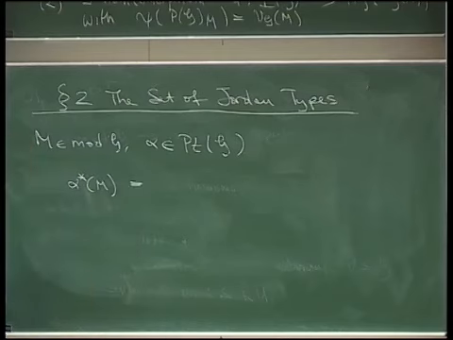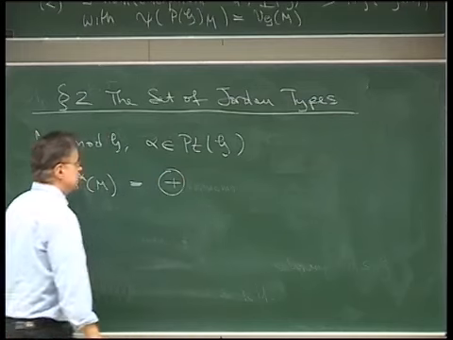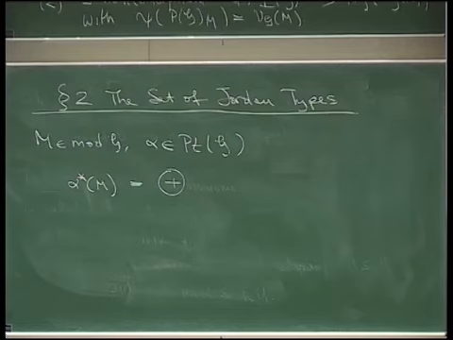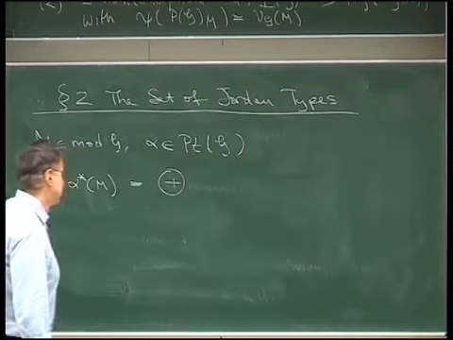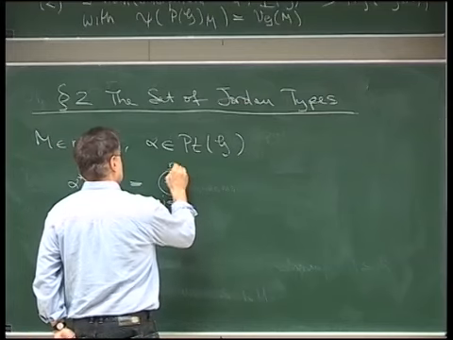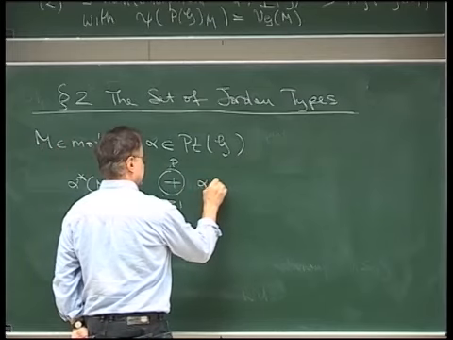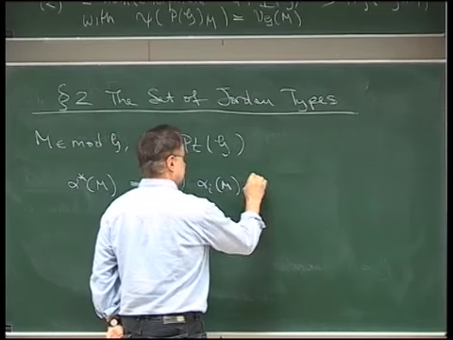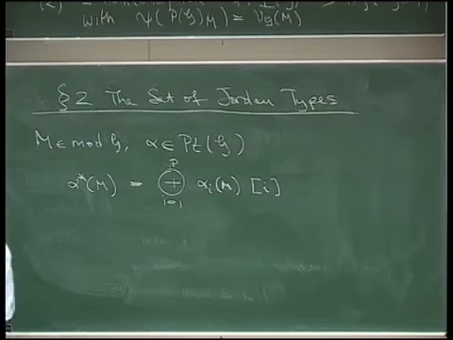Well, by Krull-Schmidt, it decomposes into indecomposables. But recall that the algebra is just a truncated polynomial ring, so that means it has exactly one indecomposable in each dimension ranging from 1 to p. So I get the direct sum, i goes from 1 to p, I get certain multiplicities, and I get the unique i-dimensional indecomposable.